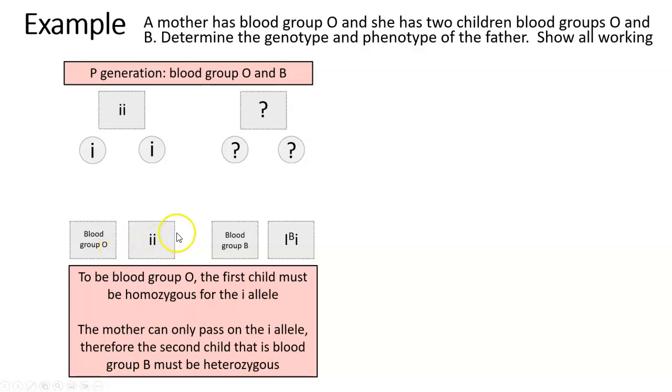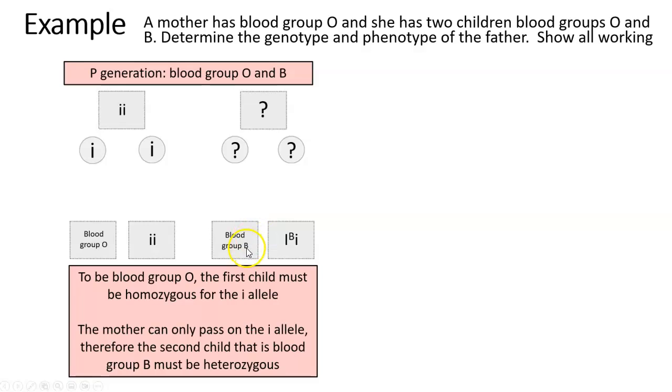So we understand that if the mother is blood group O, she must have given at least one recessive allele to each of her children. We know that if one of her children is also blood group O, he or she must have been given the recessive allele from the father.